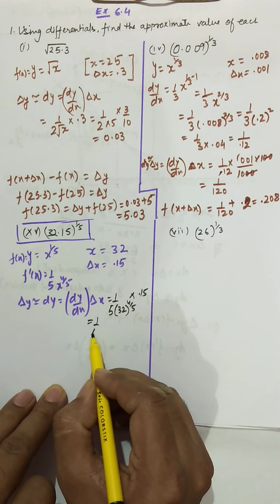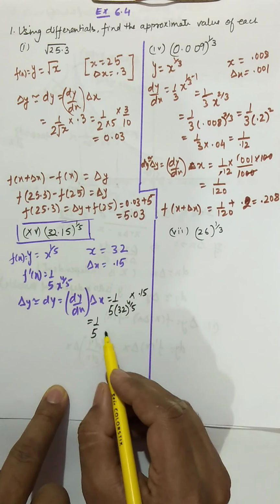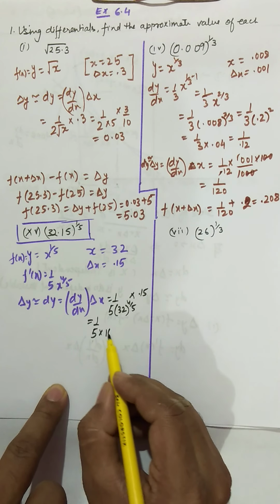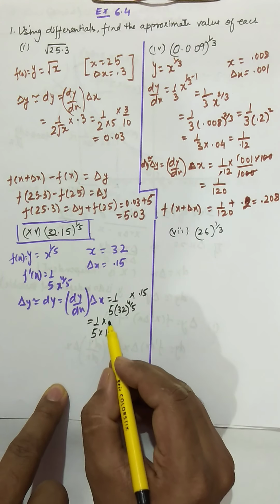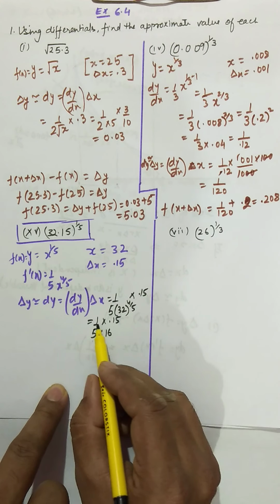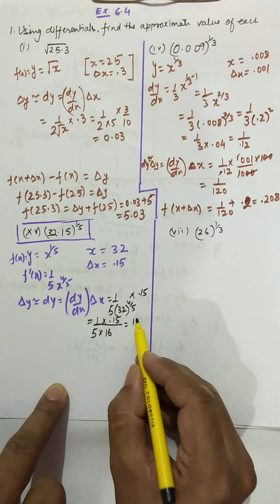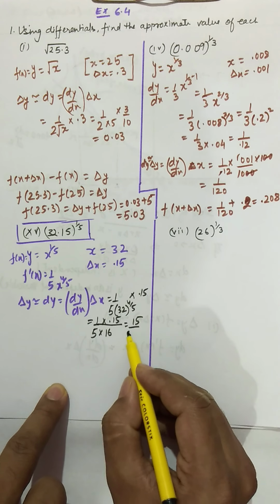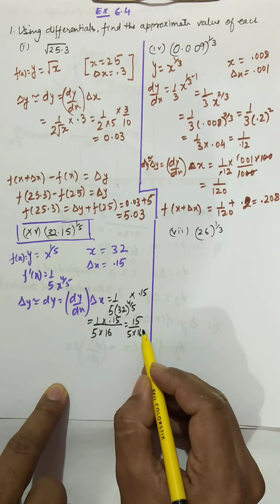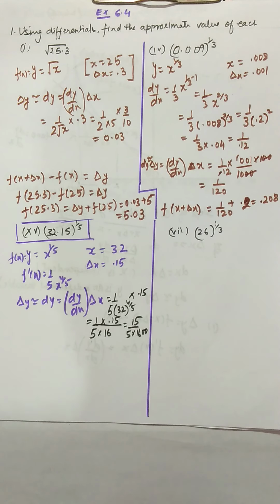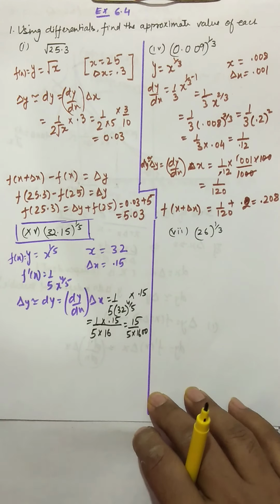This is 1 upon 5, and this is 2 to the power 4, this will be 16, and this is going to be 1, this is 0.5. So ultimately you can write that as 15 upon 5 into 1600, I have removed the decimal. So calculation can be done in different ways.